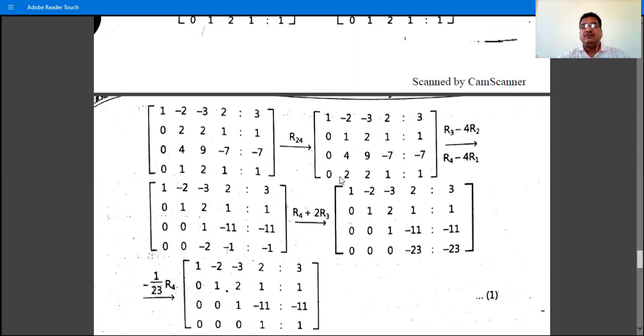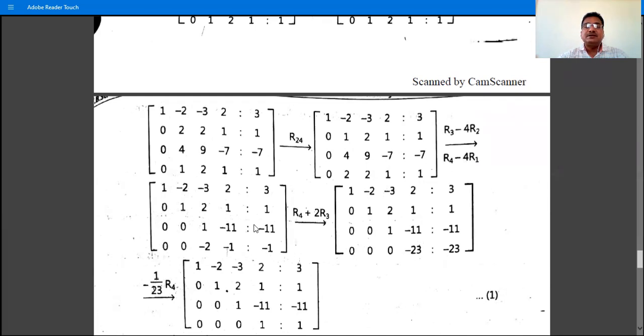And this is R4, not R1, R4. This is the R4 at level 2. So here the operation R4 minus 2R2.